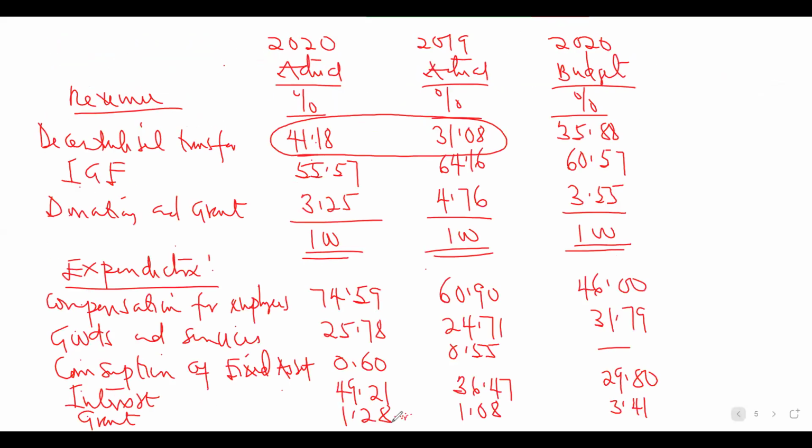So you can say that the increase of the 10% in the 2020 decentralized transfer revenue might be as a result of the government wanting to extend more developmental projects to that particular district, or this particular district is using the funds for the purpose they were given, or there are a lot of natural disasters in that district that the government wants to take care of, like the one that happened right now, the battle one.